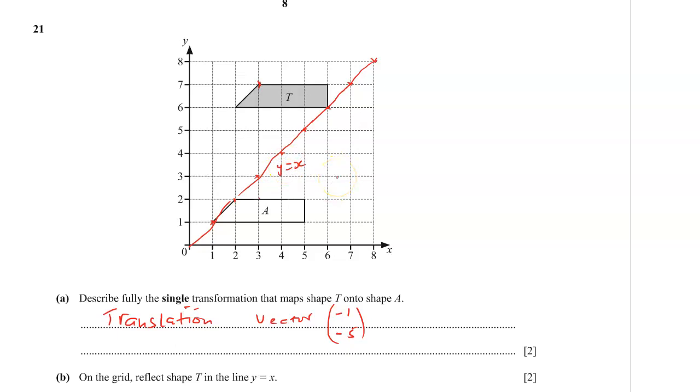On the grid, reflect shape T in the line y equals x, right there.